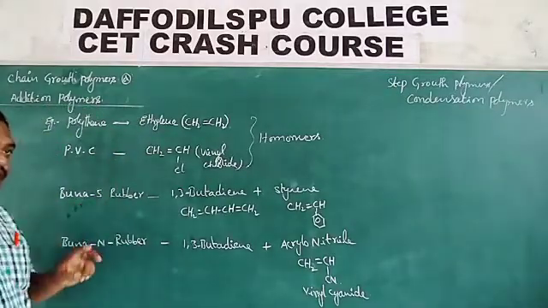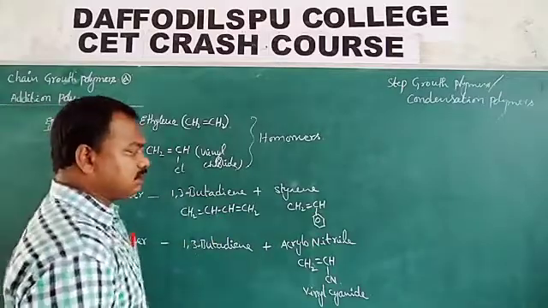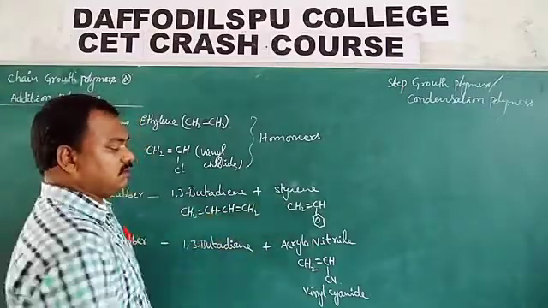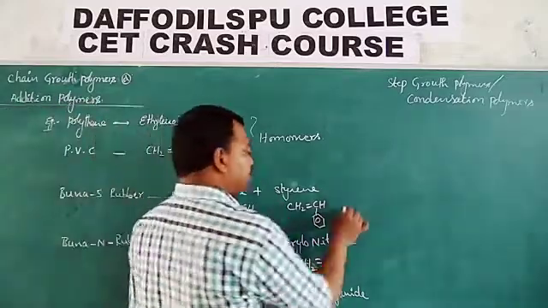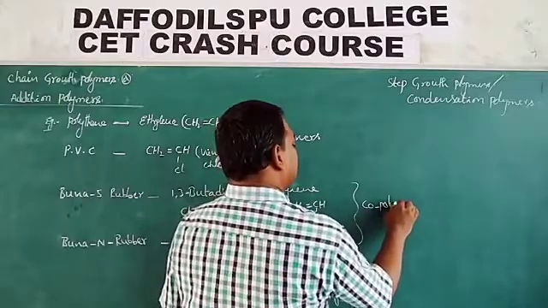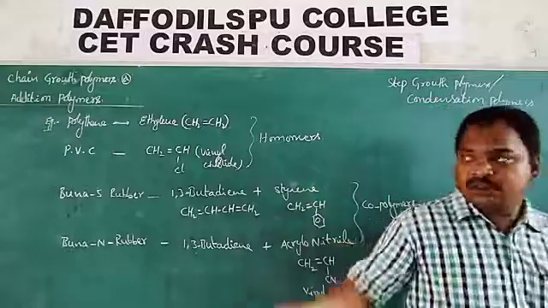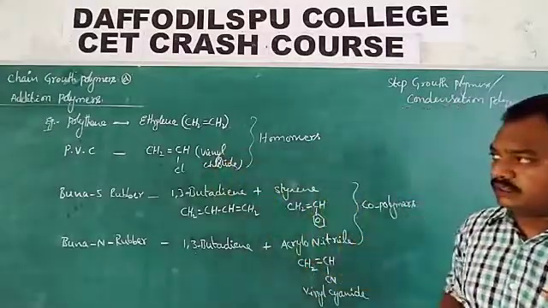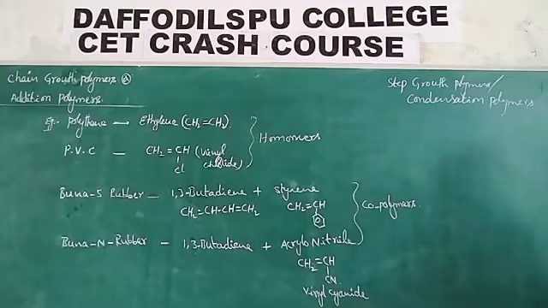Here this polymer contains two monomeric units: one is 1,3 butadiene, another one is styrene or acrylonitrile. These two polymers are known as copolymers. These two are copolymers. These two are homopolymers. So these are the examples of addition polymers.